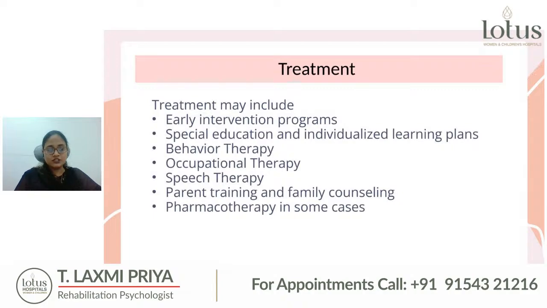They can change the curriculum according to the needs of the child by considering the level of the ID they are in. Behavior therapy, of course, will be very helpful, which includes reinforcements and most of the behavior techniques, like shaping and chaining methods. They can learn new things, and in that way behavior therapy can help them.